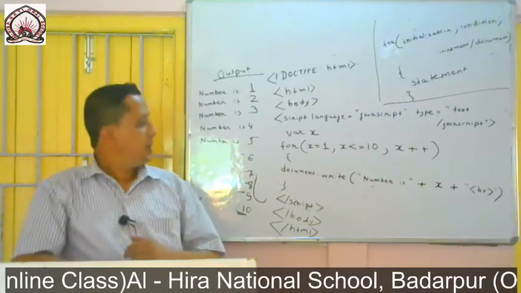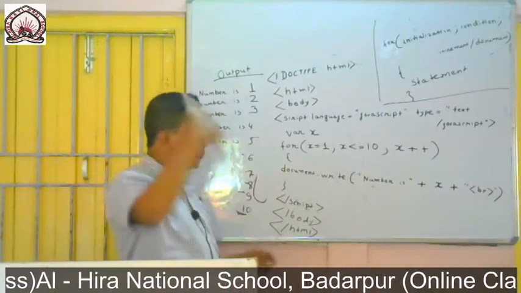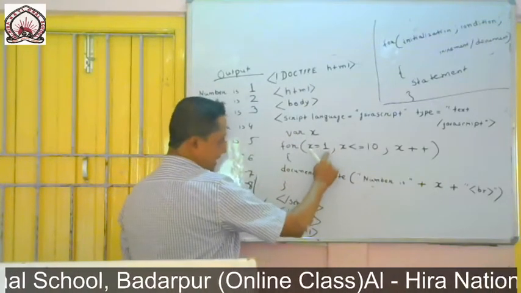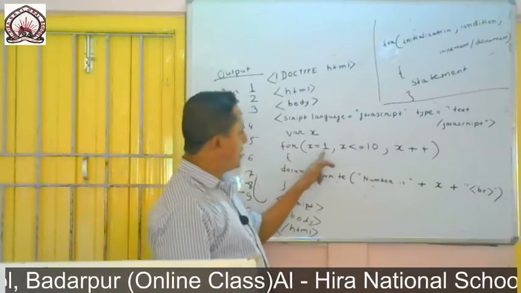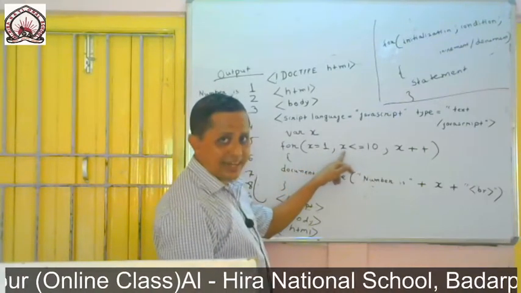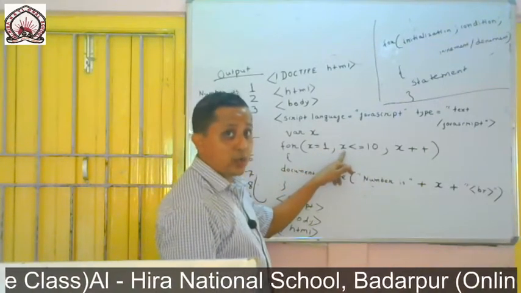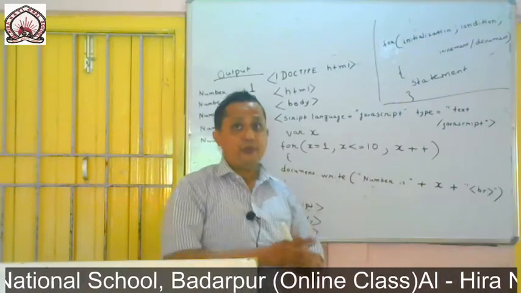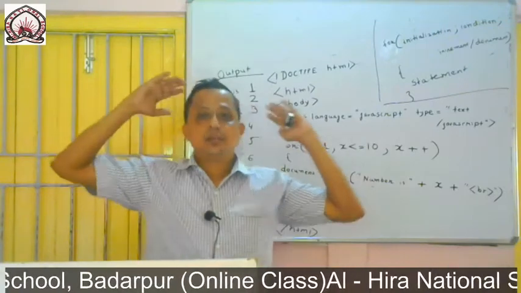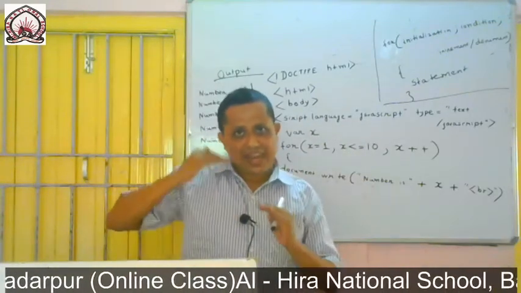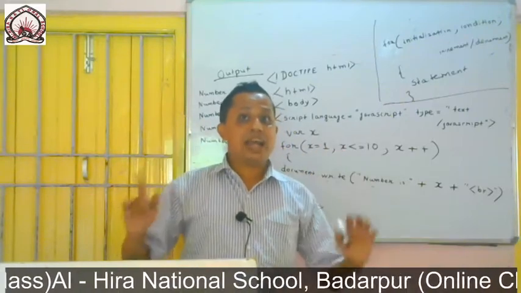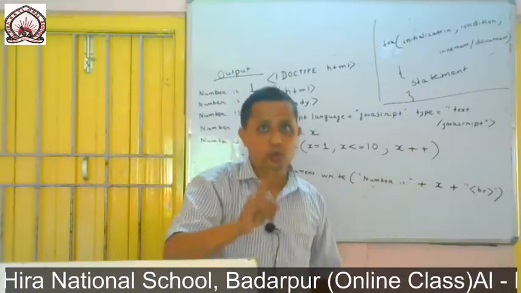Okay, I am showing you how it works. Var x is equal to 1. The value of x is 1. Now, is 1 less than or equal to 10? Yes, it is true. In the for loop also, the statement will execute repeatedly as long as the condition is true.